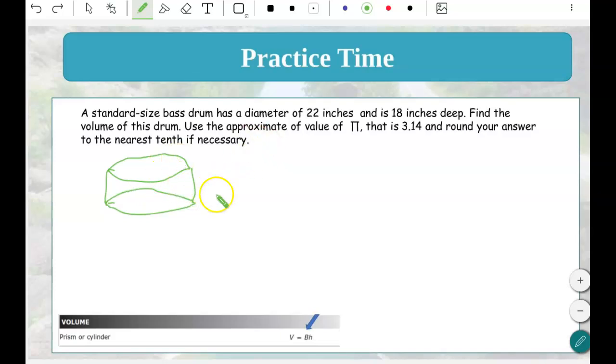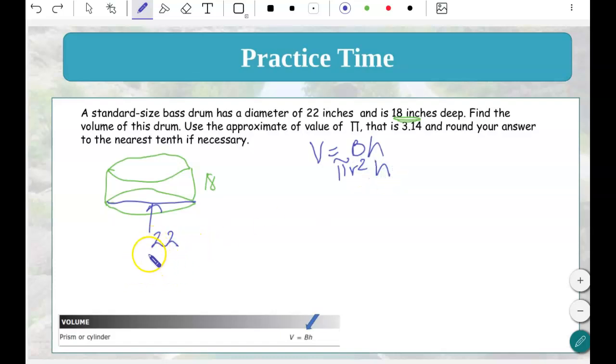So it says that it is 18 inches deep. That's our height. Now this time it says diameter, so that goes all the way across. The diameter is 22. So remember, we have to use the radius in our formula because the base is a circle. So that's pi r squared.